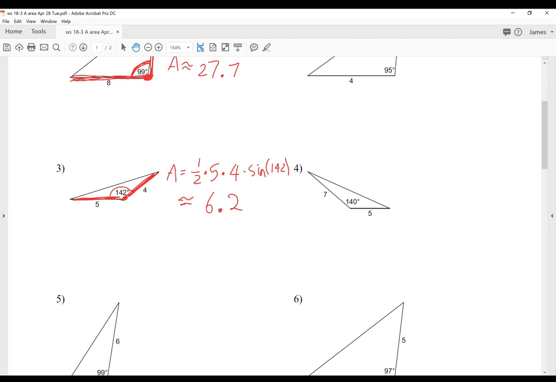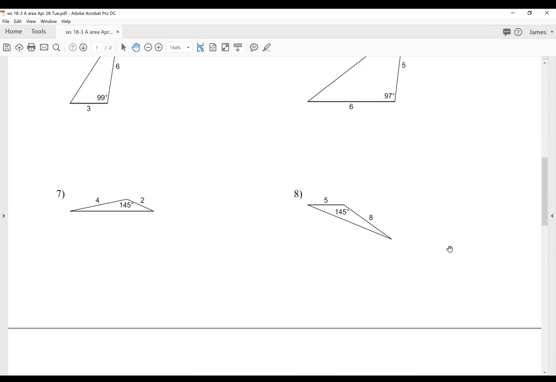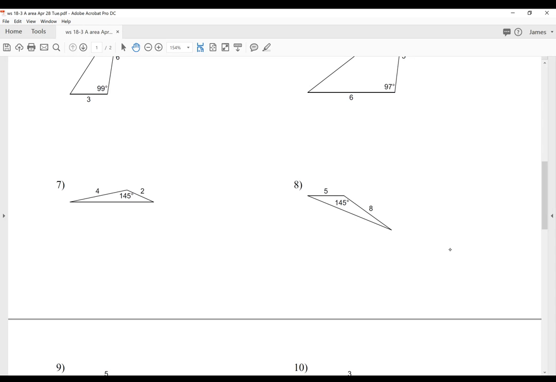Okay, one more. How about number 7? So this time I don't have the base. There's nothing there. It doesn't matter because the formula says it doesn't have to be the base. It only has to be two sides of the triangle, and then the angle between those two sides. So you need those 3 numbers, and the 3 numbers are there. There's the angle right here, 145, and then there are two sides, 4 and 2.